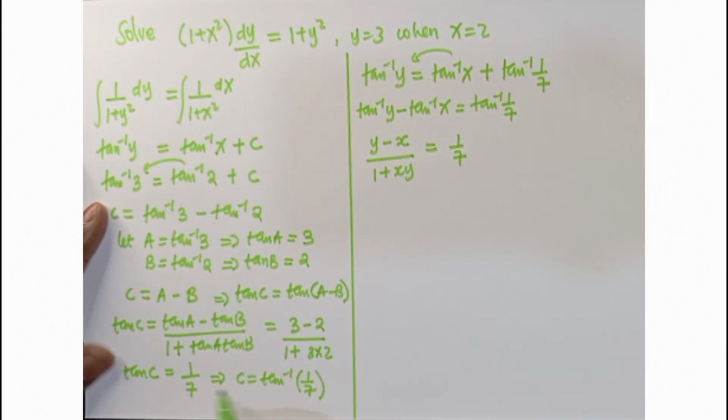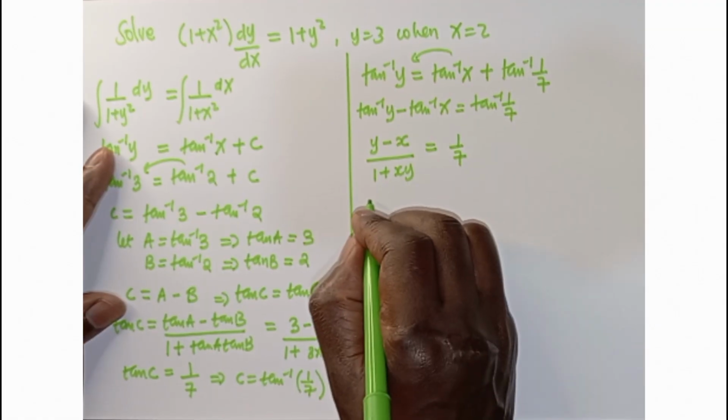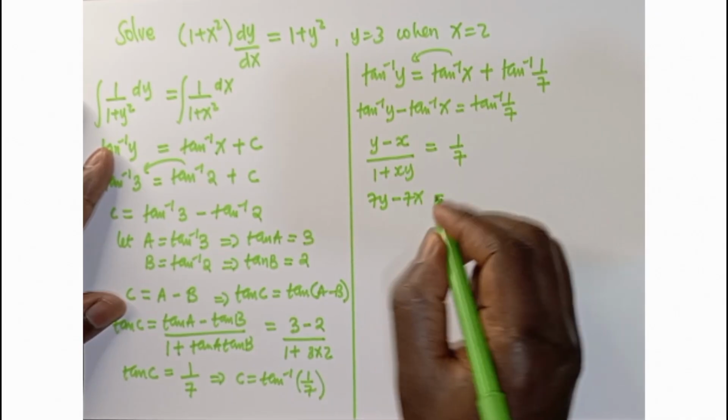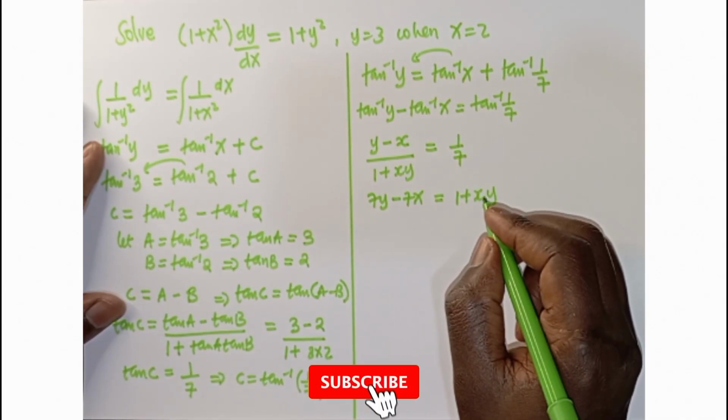Simplifying this, we shall have 7y minus 7x is actually equal to 1 plus xy.